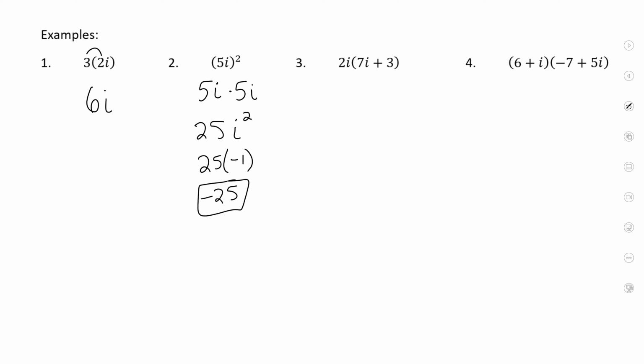Okay, number 3. We're going to distribute. 2i times 7i is 14i squared. 2i times 3 is 6i.